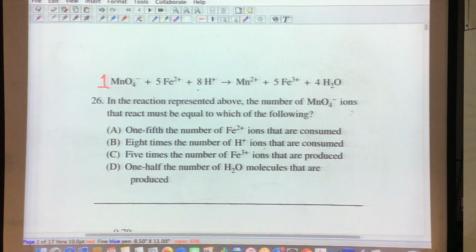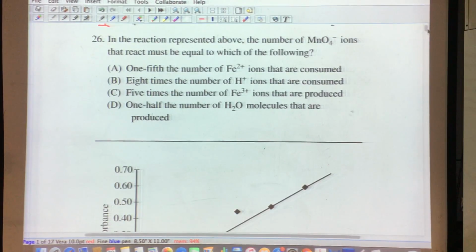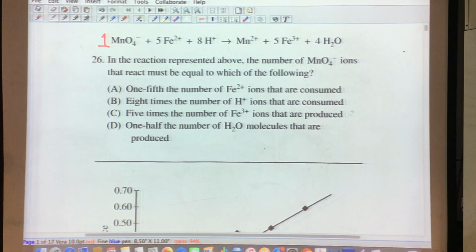It's going to be something to something. So if I look at my choices, well, if I look at iron plus 2, and there's a 5 in front, it's a 1 to 5 ratio, so this has to be 1/5 of the iron, okay? And that's all that problem really is.